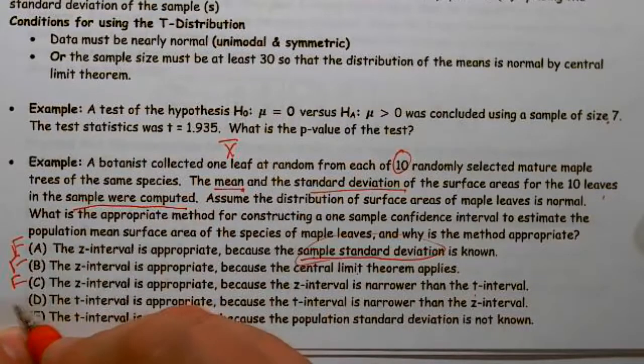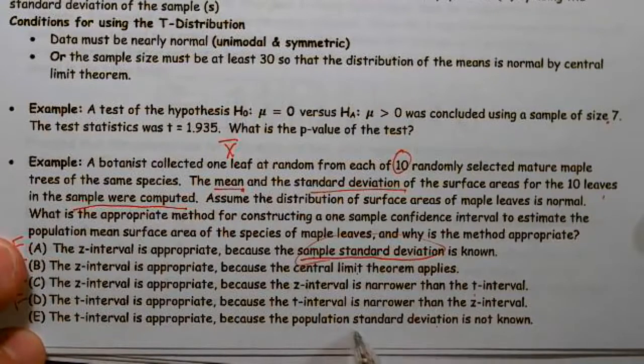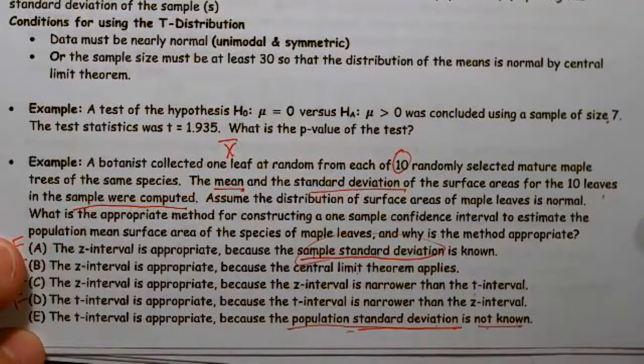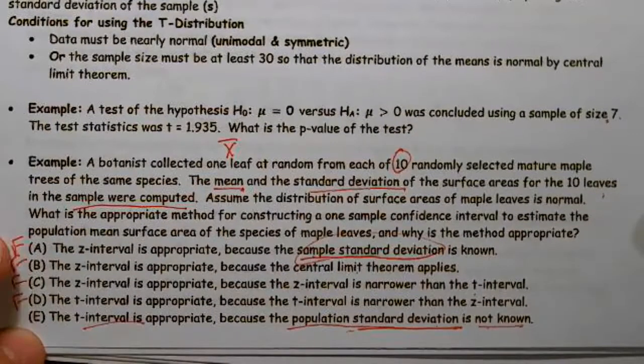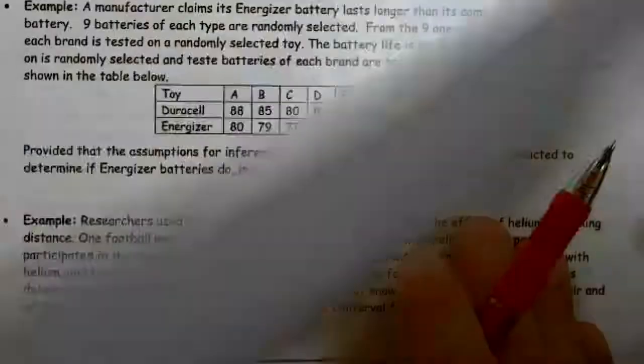First off, that's false. The T interval has more area in the tails, so that can't be true. The T interval is appropriate because the population standard deviation is not known. All right, so once again, the population standard deviation is not known, so therefore the T interval is appropriate. So anytime you're using the sample standard deviation, you should be thinking about a T.